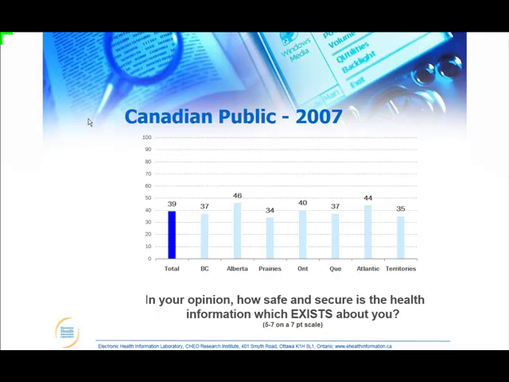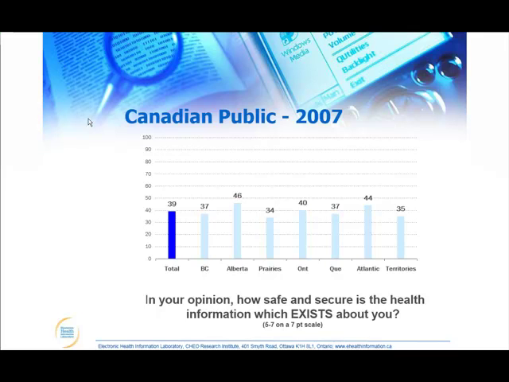The question, in your opinion, how safe and secure is the health information which exists about you? I'm sorry, you can't see it. It's down here. There's a 7-point scale, and the people who responded from 5 to 7 are tabulated. 39% overall responded with a score from 5 to 7.